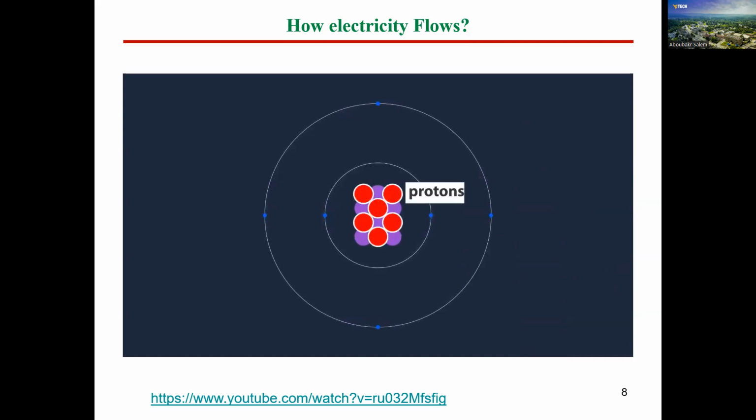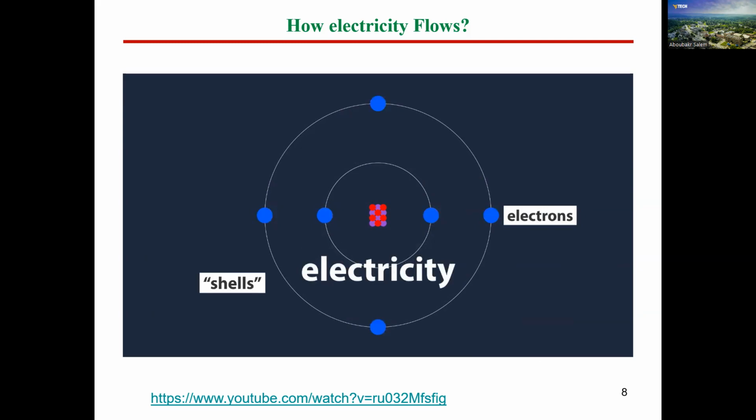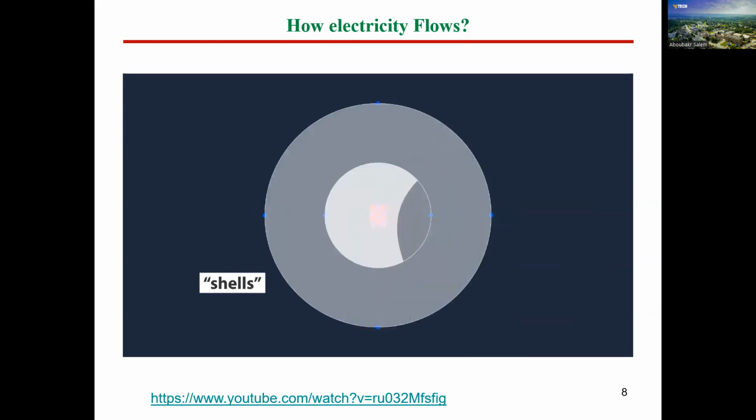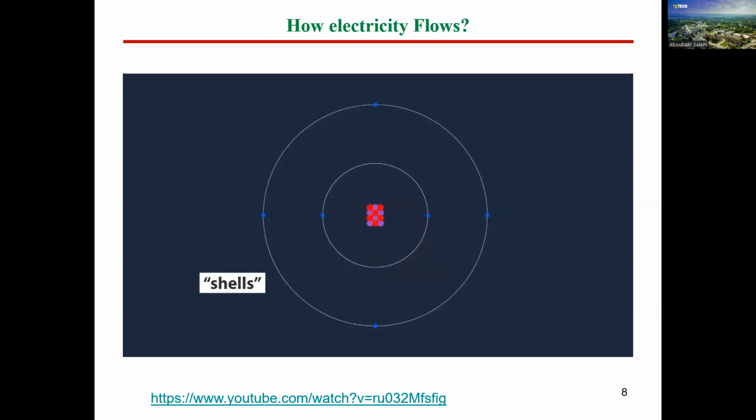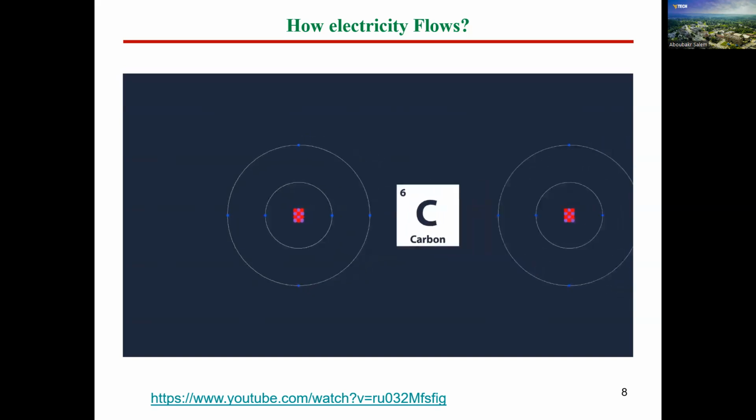Atoms consist of protons and neutrons. These form the nucleus of the atom. Orbiting the nucleus are the electrons. It's these electrons that are responsible for electricity, hence the name. Think of these orbits more as shells surrounding the nucleus. What type of atom, which element it is, is defined by the number of protons in the nucleus at the center.